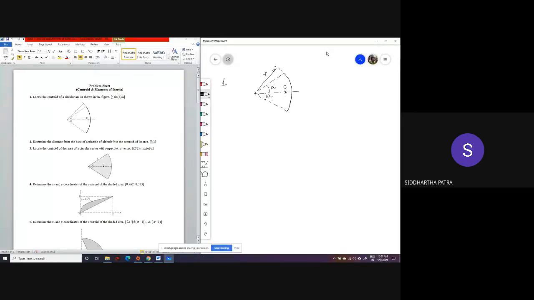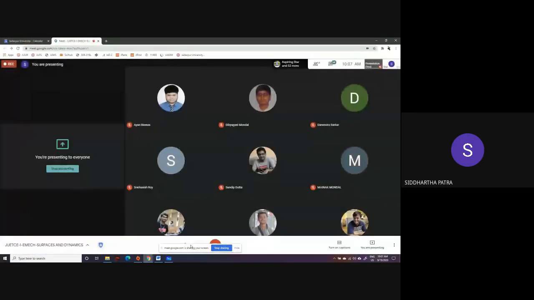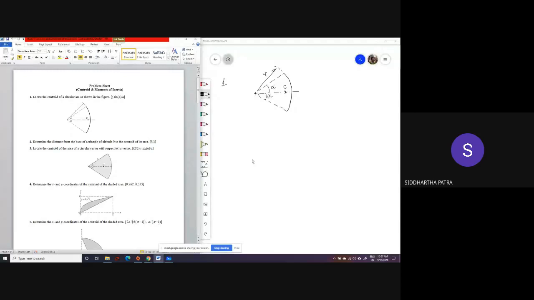So the way we start is with a differential line element. We'll take this differential line dl, which is basically at any angle theta.